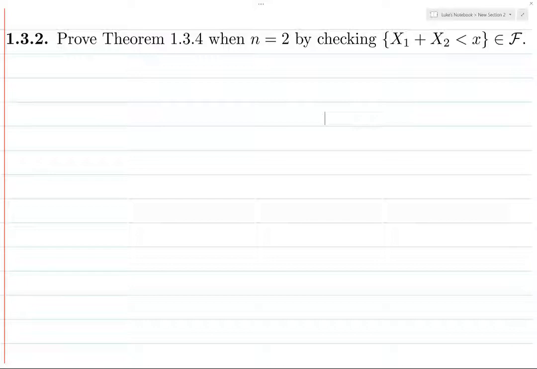There's a lot of using different scripts of the same letter: lowercase x and uppercase x, fancy S and capital S. And we have lowercase omega as an element of the set capital omega, because X is a function from omega to R. So how can I differentiate between lowercase omega and uppercase omega?